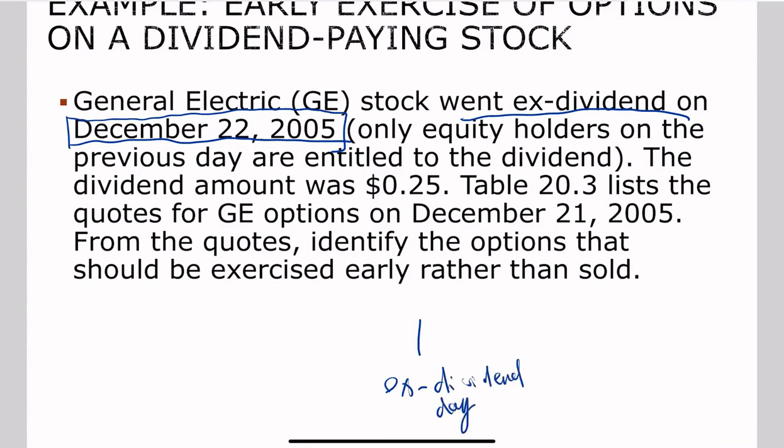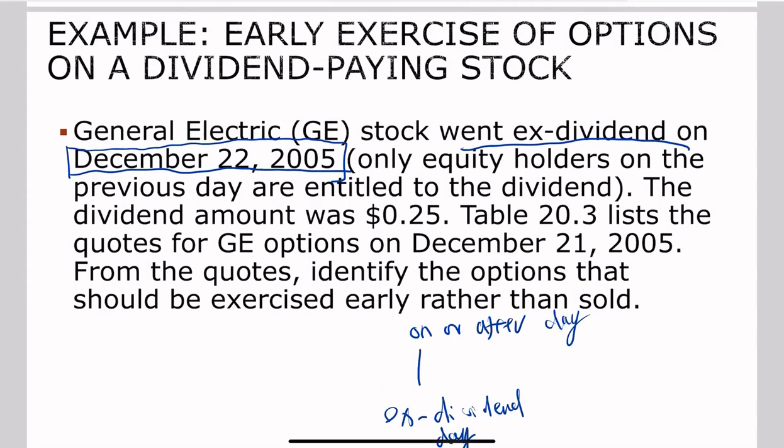It means that on this day or after this day, if you buy this stock, you will not get dividend, right? So if you want to get the dividend, the latest to purchase this share is 1 day before this ex-dividend day. So that's why the problem says only equity holders on the previous day are entitled to the dividend.